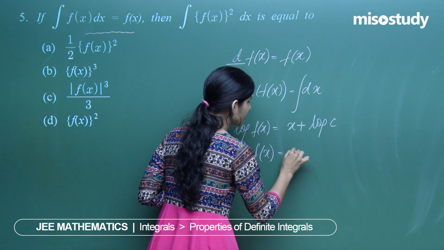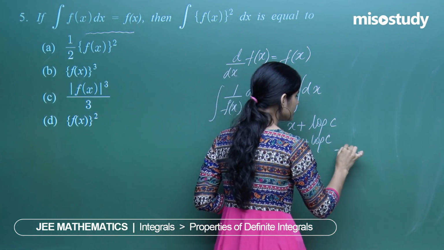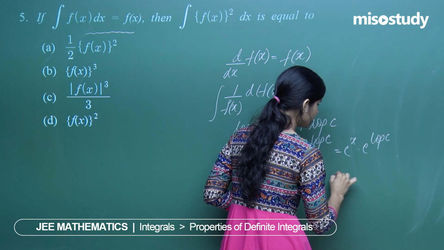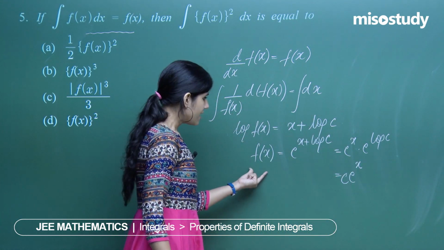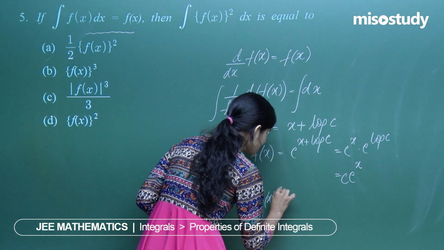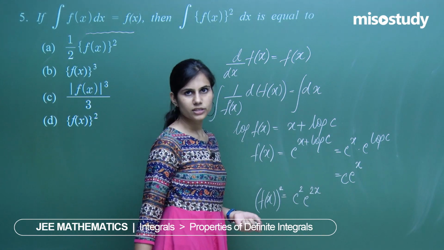Now I can write this as f(x) equals e to the power (x plus log c), which is e to the power x into e to the power log c, which is e to the power x into c. f(x) is c into e to the power x, so f(x) whole square will be c square (e to the power x) whole square, which is this.